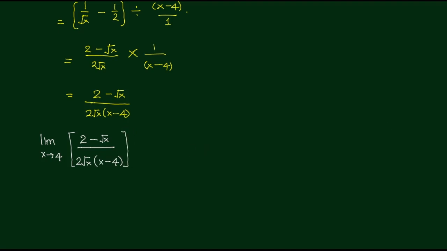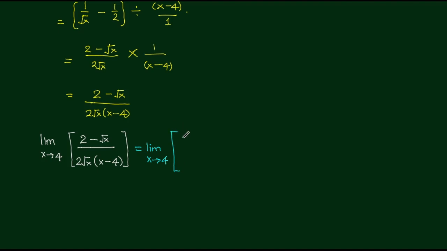So what we do here, since we know that the numerator is already having some radical or surd form, what we have to do is to multiply that numerator with the conjugate of the denominator, and also multiply the denominator with the conjugate of the numerator. So let's move on and just do that.